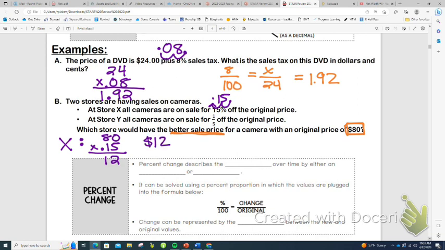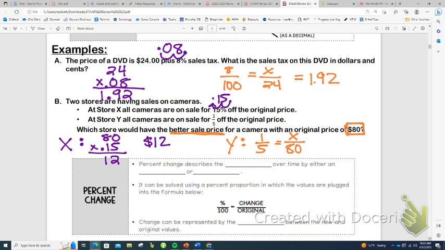Now let's look at store Y. Store Y's deal was that all cameras are on sale for 1/5 off the original price. So here's store Y, and since I have a fraction, let's use a proportion to solve for this. So I'm going to use my fraction of 1/5 and set that equal to x over our original price of 80.